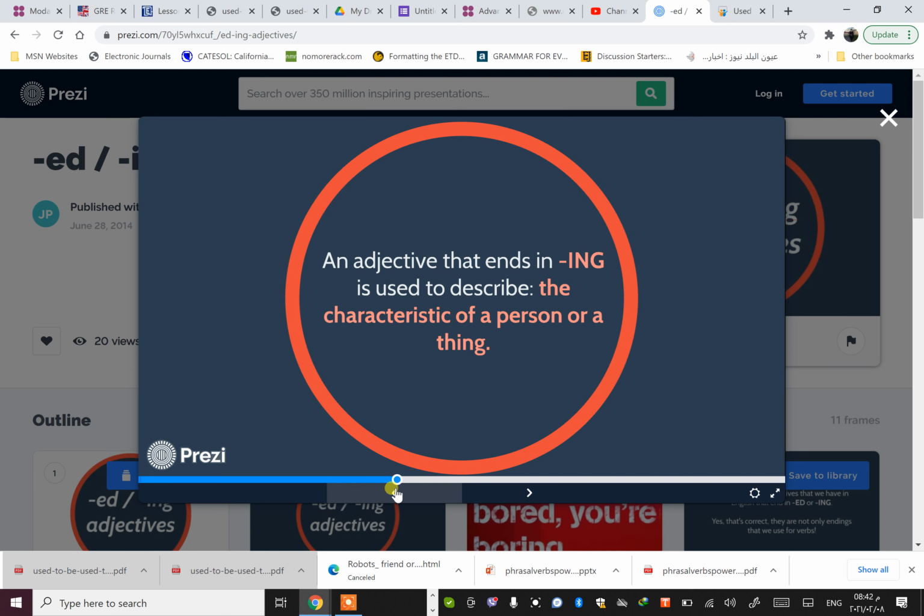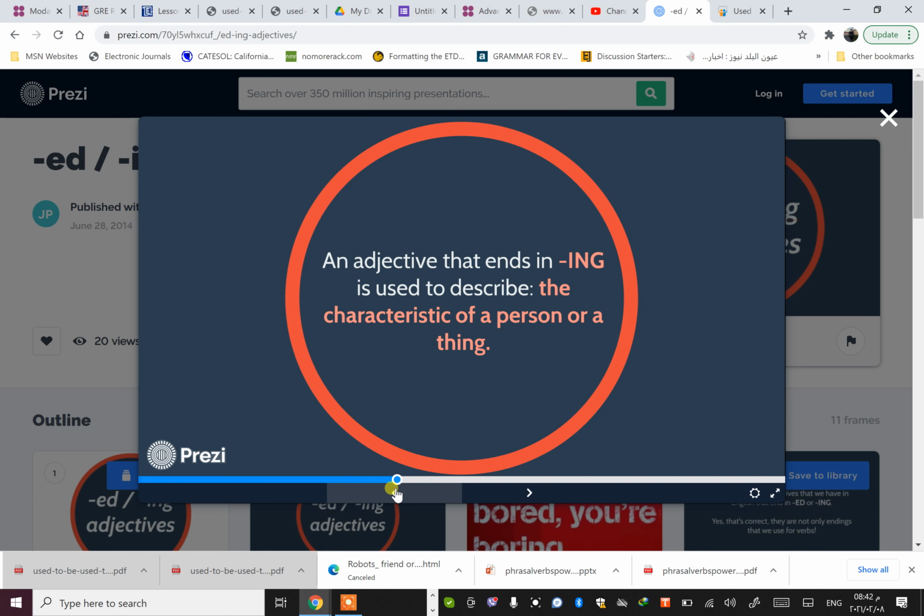We add ing with adjectives that are used to describe the characteristic of the person or thing. يعني بما معناه احنا نخلي ing للصفة لأنها توصف لي الصفات لهذا الشخص. قد تكون صفات physically or spiritually. قد تكون صفات مثلا اقول interesting okay or boring. Okay, interesting or boring هاي توصف لي صفات داخلية تكون spiritually.